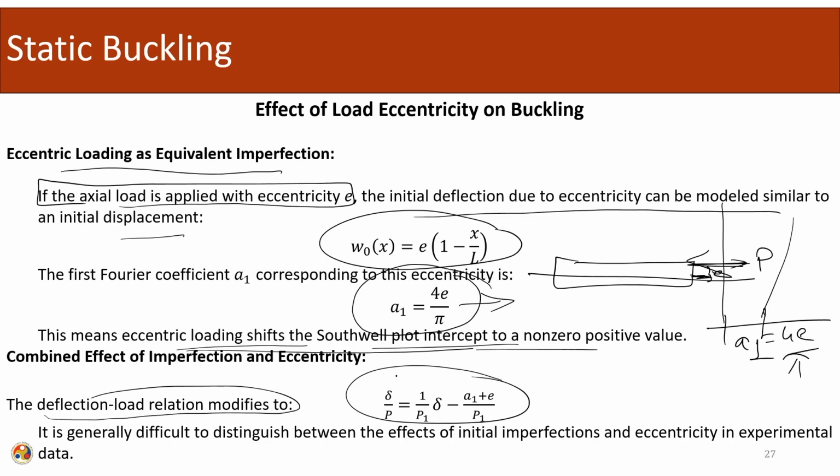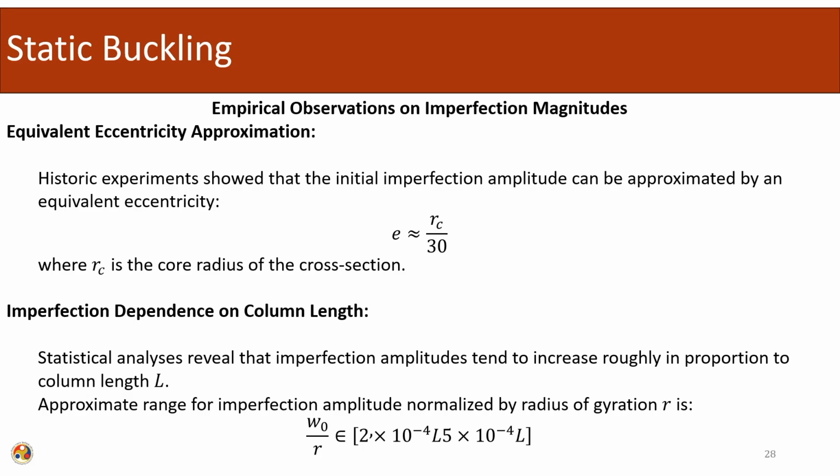Normally it is generally difficult to distinguish between the effect of the initial imperfections and the eccentricity in the experimental data. If we are given experimental data, it is somewhat difficult to segregate both the effects. Now, the empirical observations on the imperfection magnitudes. We have the equivalent eccentricity approximation.